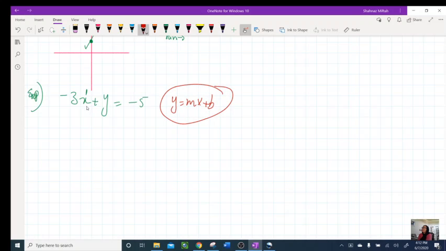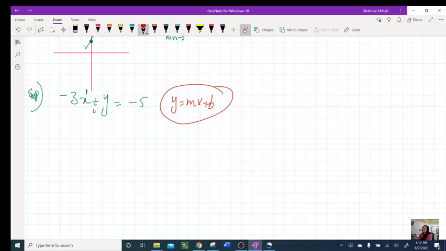If the equation doesn't look like this, you cannot graph it using your slope-intercept form. You can graph this by making a table or by finding x-intercepts, but you cannot use rise over run and y-intercept, which is the easiest way ever.